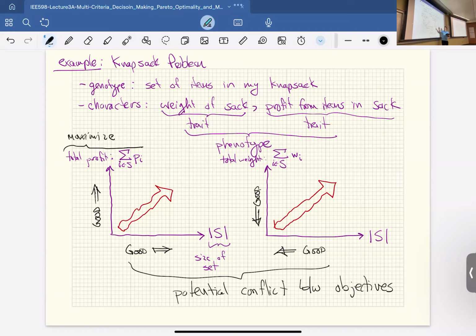Well, what I'm asking is, if I can choose items that give me profit, or I can choose items which reduce the weight on my back, how do I balance these two?